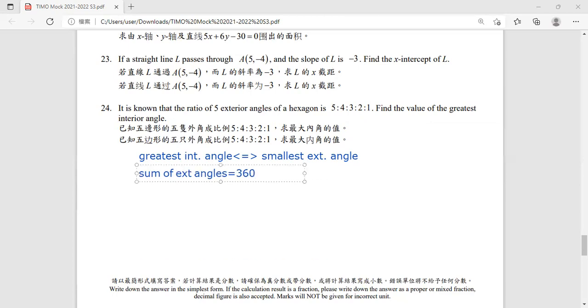So it equals 360 divided by 15, which is 24.